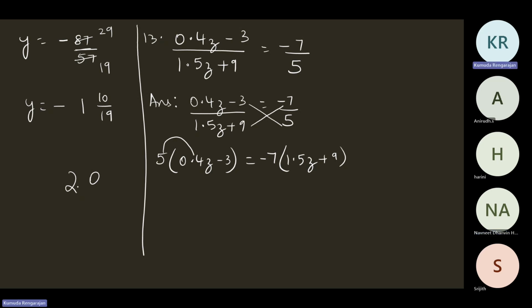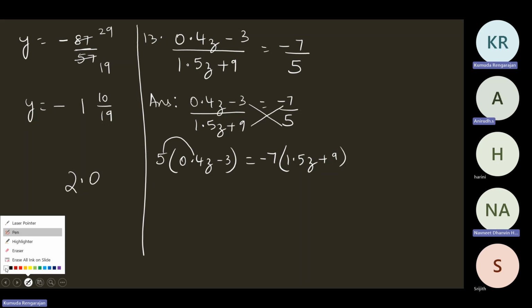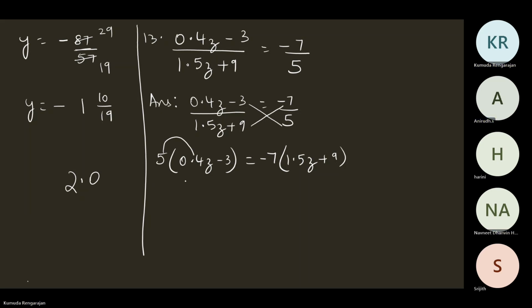Between 2 and 0, 2.0. And minus 15. So 5 into 0.4z is 2.0z, which is nothing but 2z. You don't have to write 2.0.